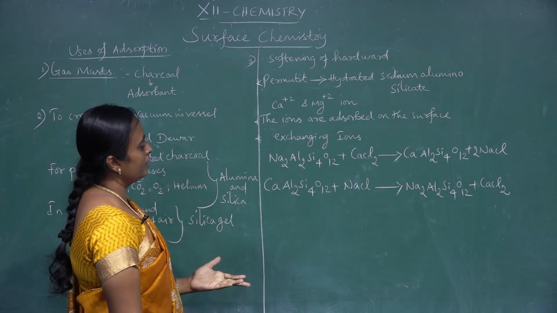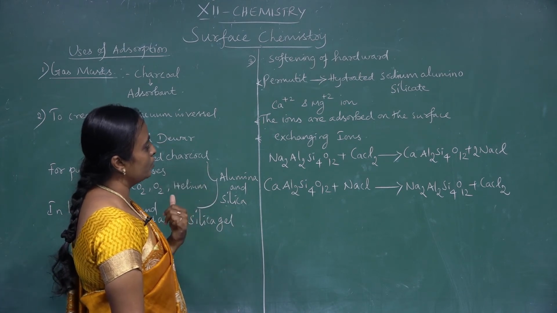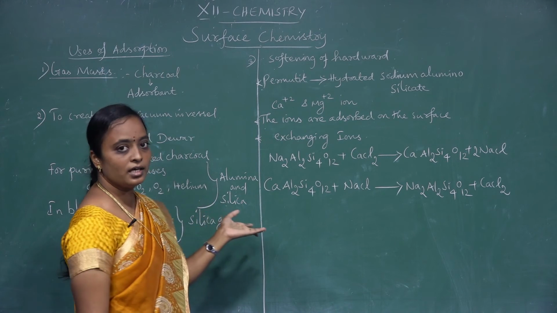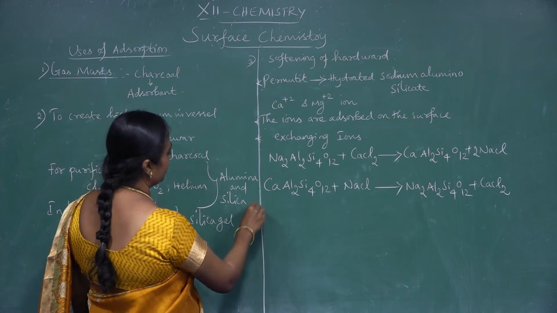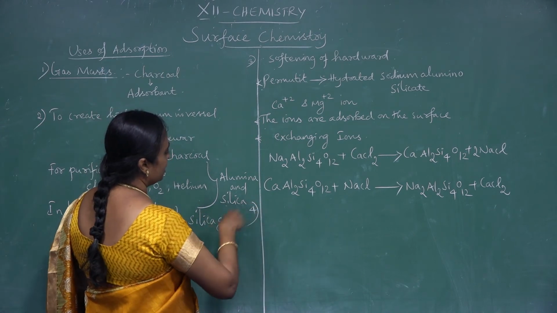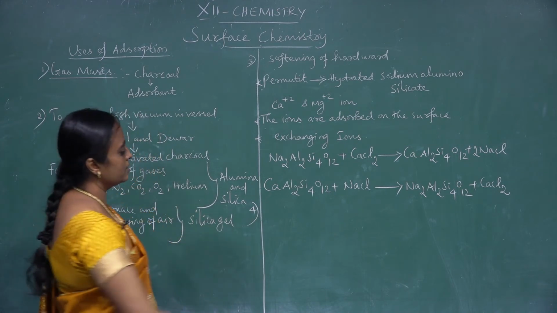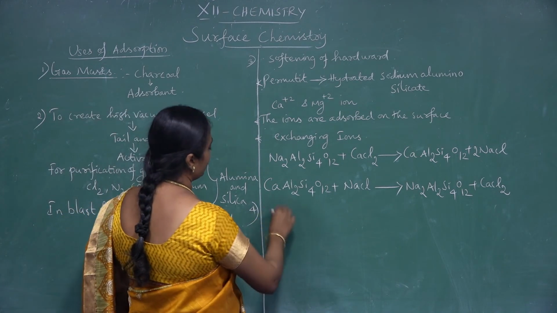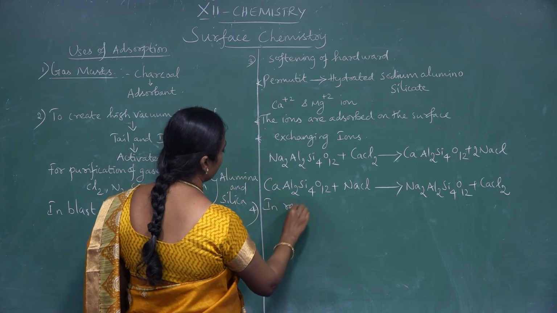So for the softening of hard water, by using a permutite, we have exchanged the ions. Okay, and one more is in the resins. In resins, how are we using this adsorption phenomenon?